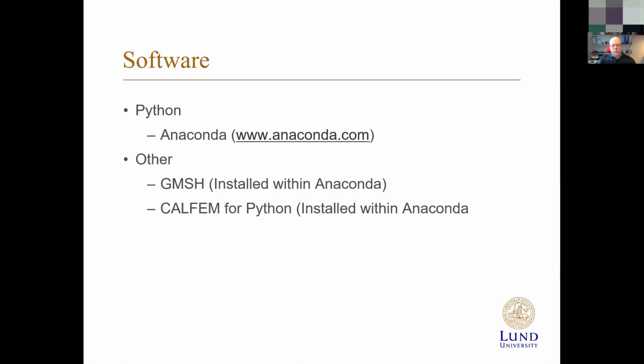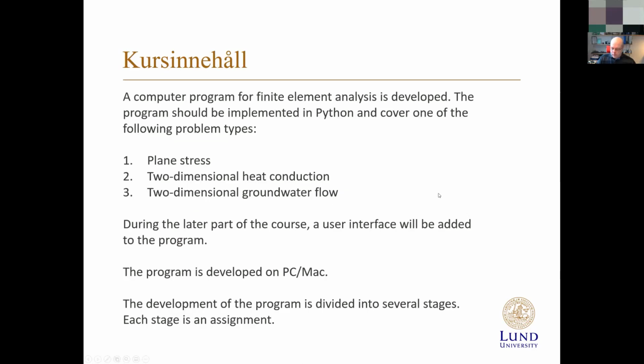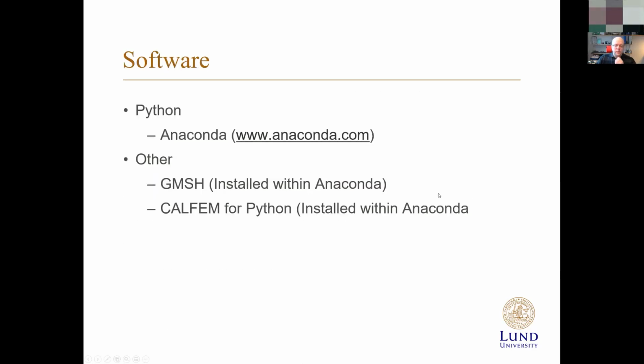There are, however, some packages that need to be installed separately, and that is the mesh generator GMSH, a really strange name. And that will be installed in part with Anaconda. CalFem for Python is also installed separately, but also with Anaconda. The instructions will be available on the course homepage in Canvas.